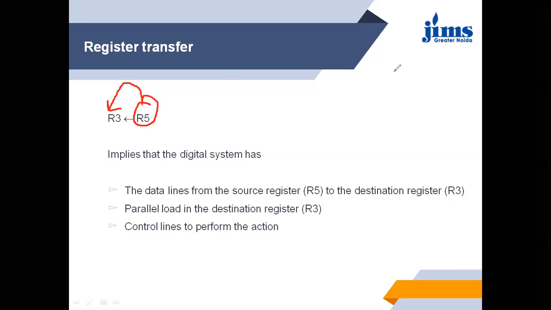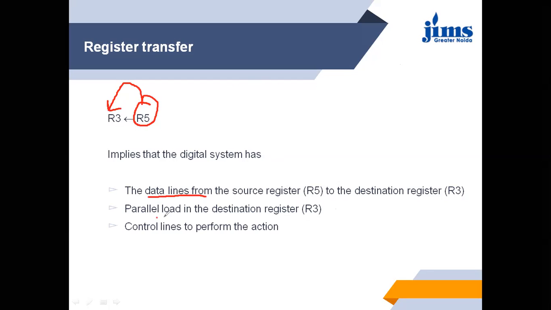We can understand very well that only when we have a link or some medium to carry the data can we transfer it. So when we are transferring the data from R5 to R3, there should be a link. This represents that the data line should be from register R5 to R3.